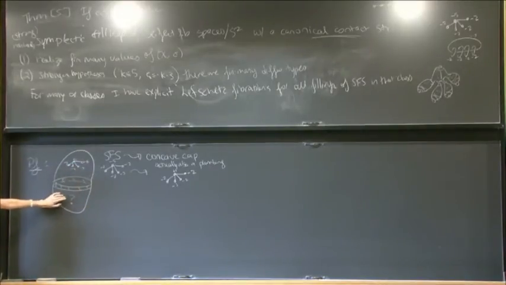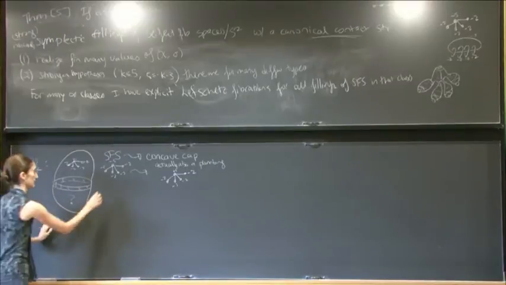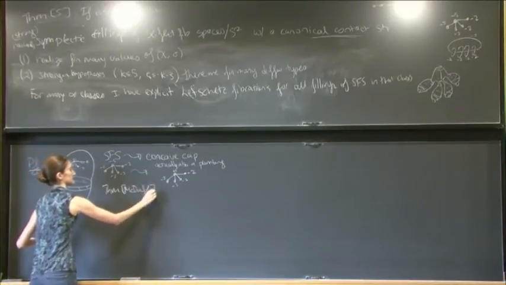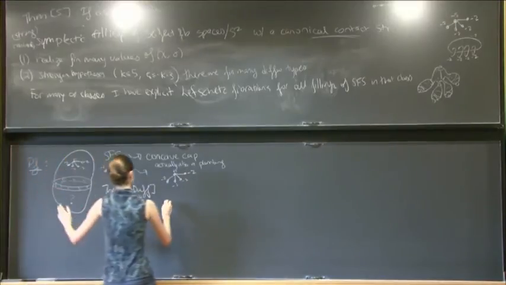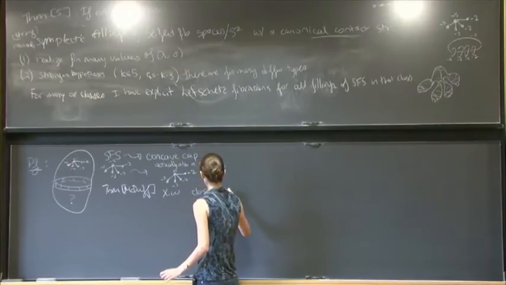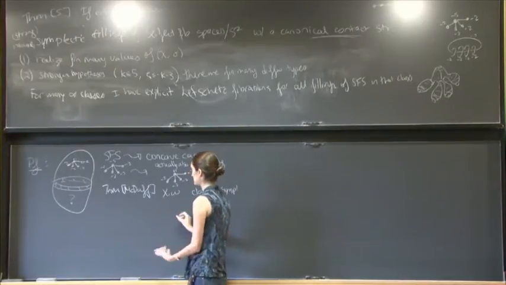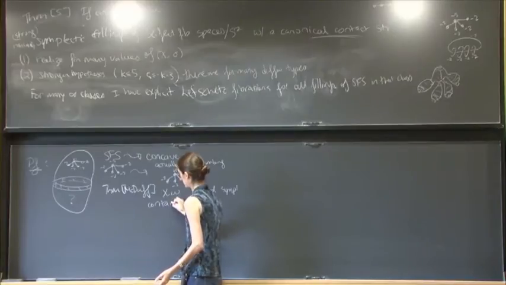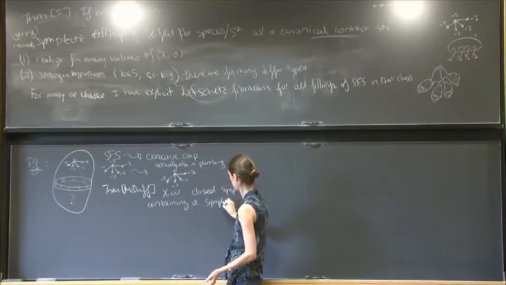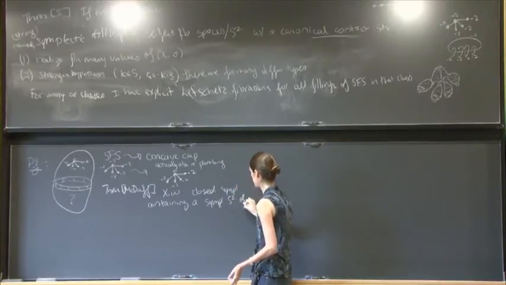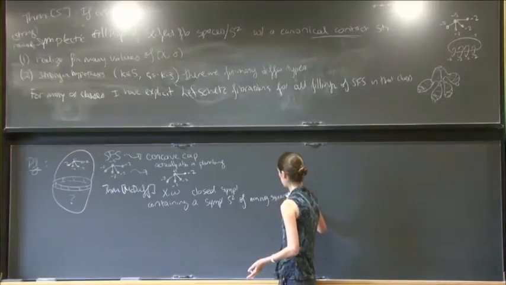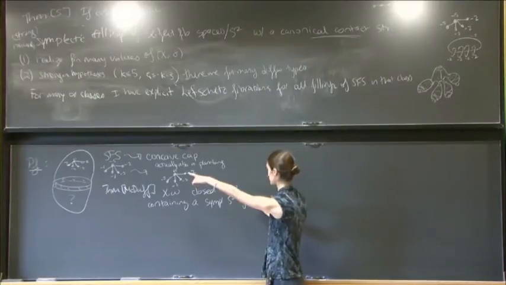And now we want to know what this piece is. So there's a theorem of McDuff which identifies what this closed symplectic manifold is. If you have (X, omega) closed symplectic, and it contains a symplectic two-sphere of positive or non-negative square, in our case, it's going to be this +1 sphere.